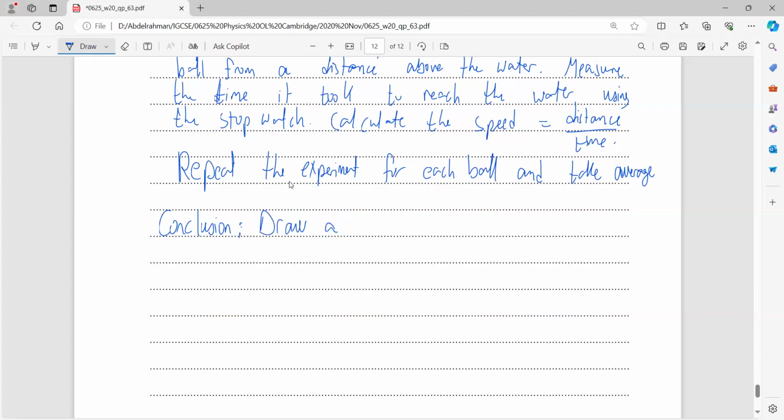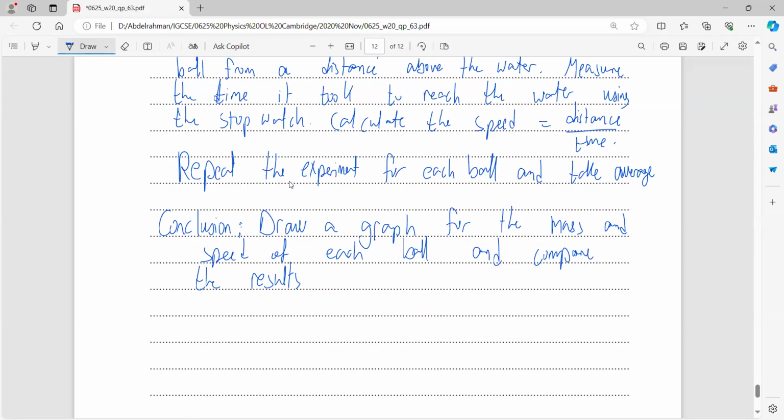Draw a graph for the mass and speed of each ball and compare the results. Yes, that's it.